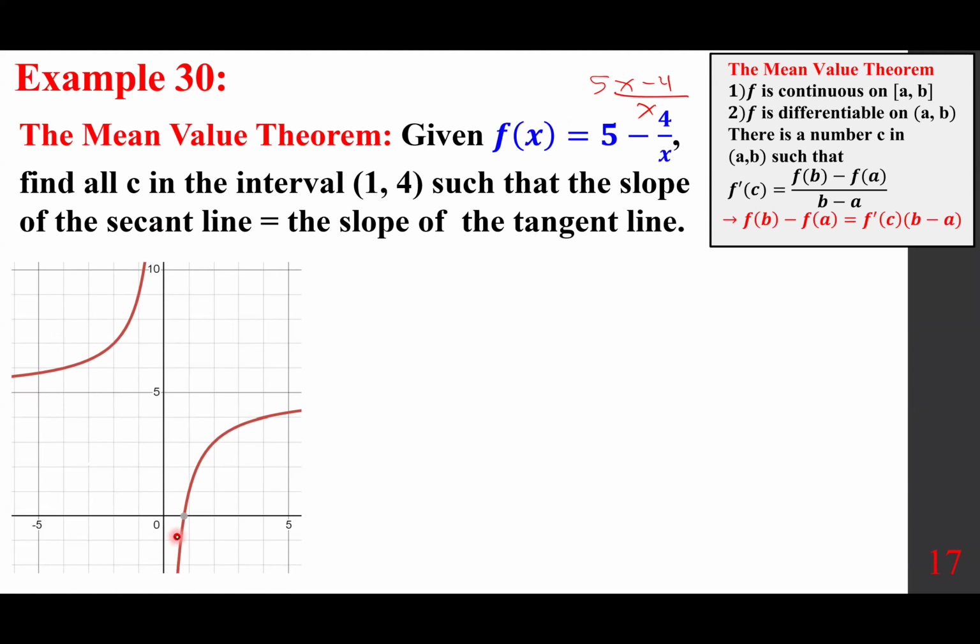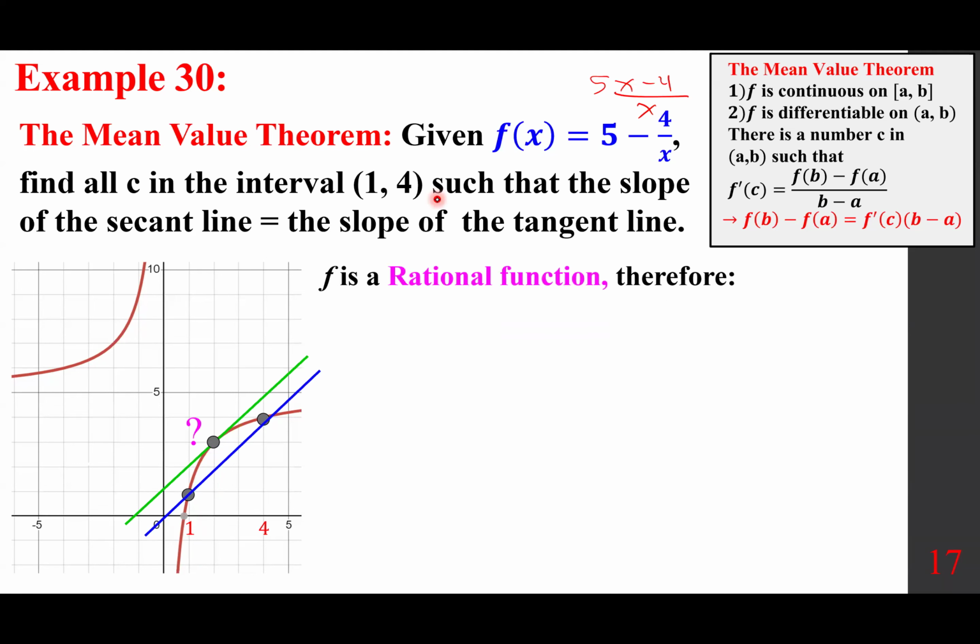Just in case. So 1 and 4, we locate 1 and we locate 4, and we connect them. The point is somewhere in between 1 and 4. There is a line parallel to that. That's the meaning of this. And so we want to find this point, which is missing in action.